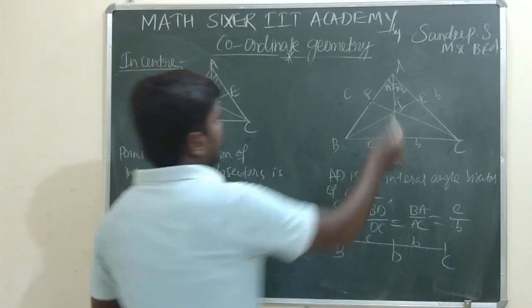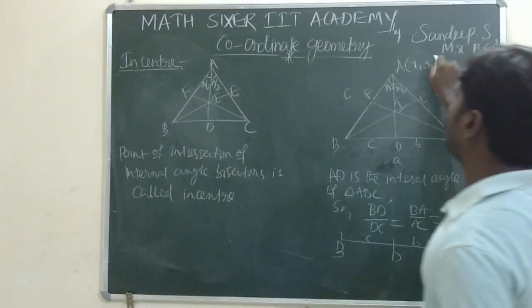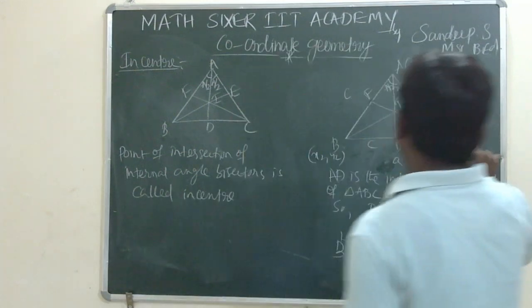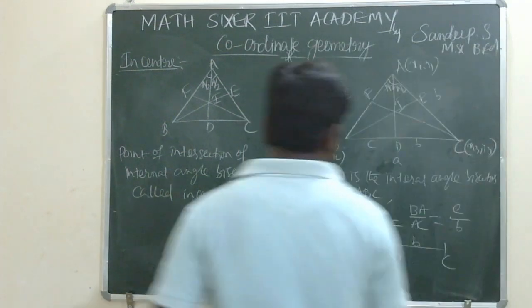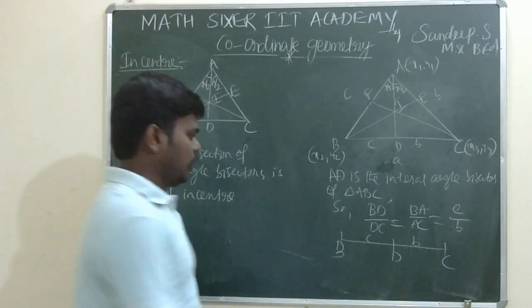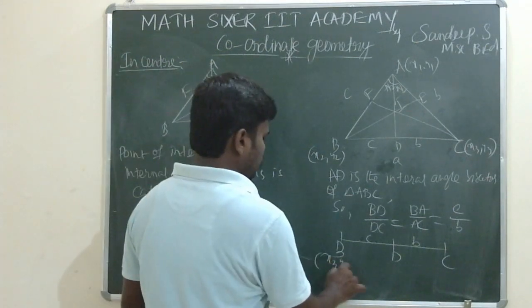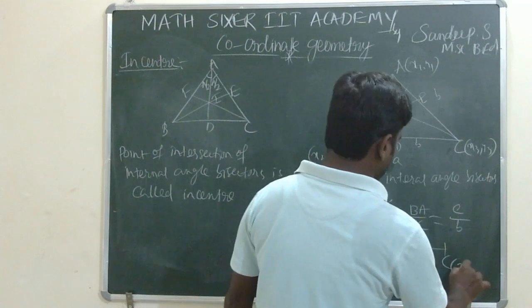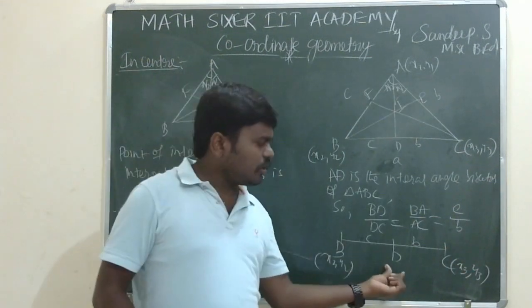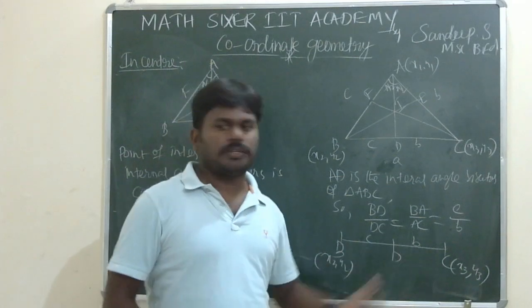Here when you are taking A as x1 comma y1 and B as x2 comma y2 and C as x3 comma y3, simply you can find the D here by using the section formula, because here we know the vertex of B and also C, and we know in which ratio the point D is dividing BC.